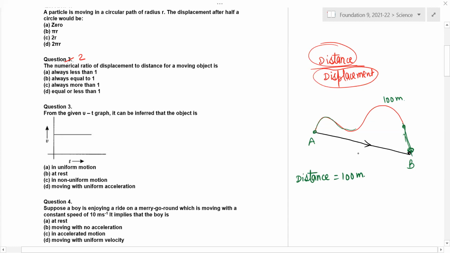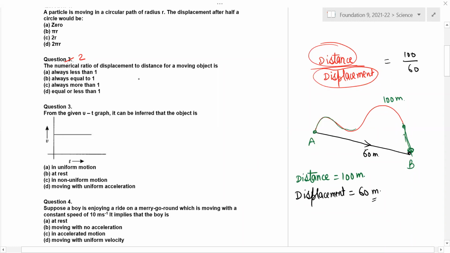This length could be say 60 meter as well. Naturally, the displacement is less than distance. So displacement in this situation is 60 meter.